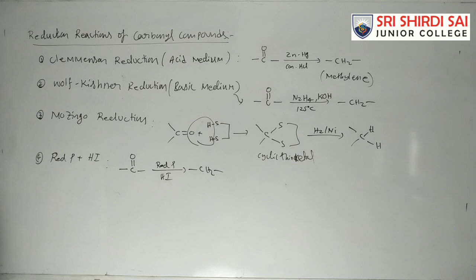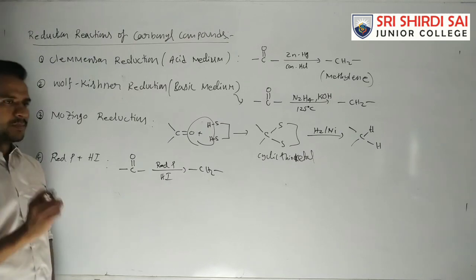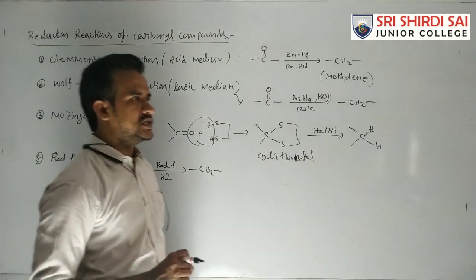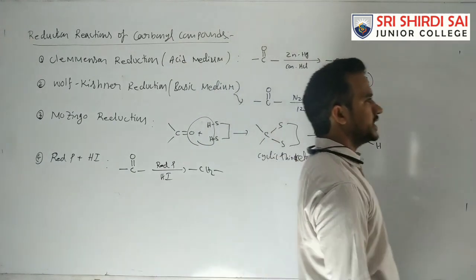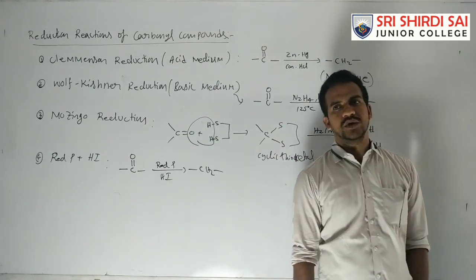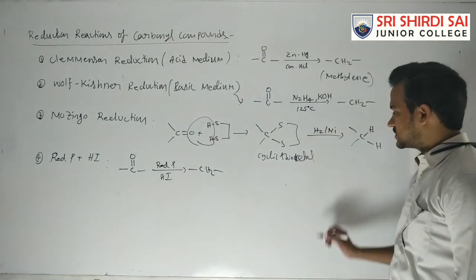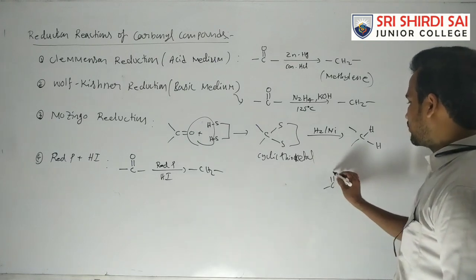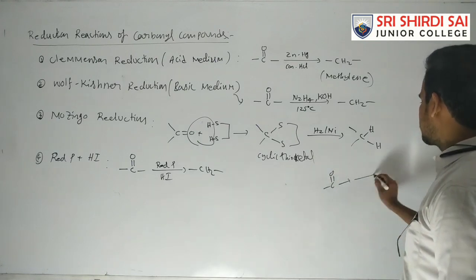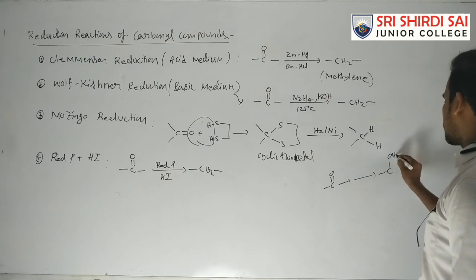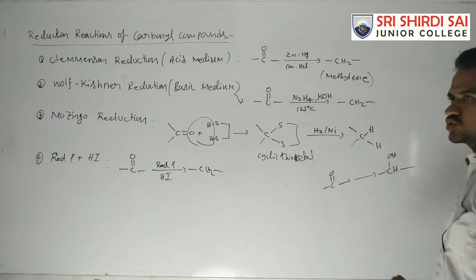So these are the reduction reactions. Here complete reduction takes place because the C=O is converted to CH2. But in the case of lithium aluminum hydride and sodium borohydride reduction reactions, the C=O group is converted to alcohol. That means carbonyl compounds to alcohol.